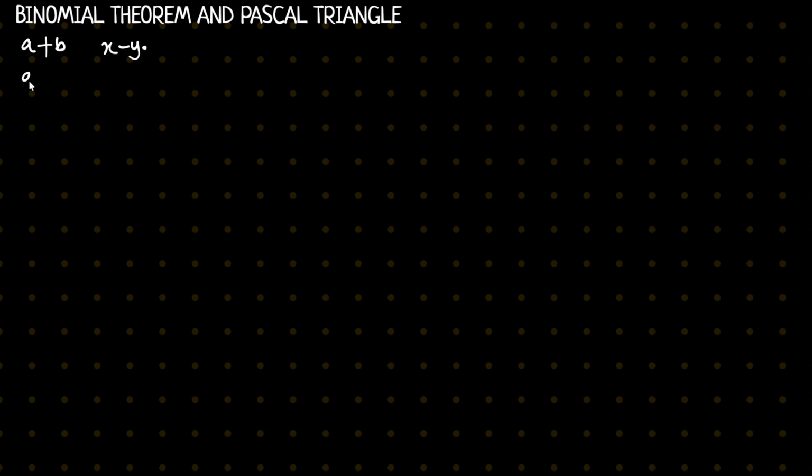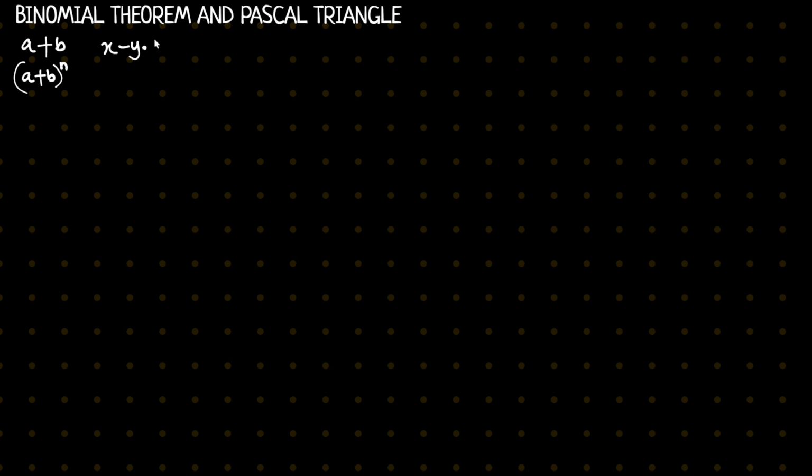That is, if you have (a + b) to the power of n, where n could be any integer, it could be 0, 1, 2, 3, 4, 5, 6, and so on. That is the idea of what I'm about to discuss in this video.